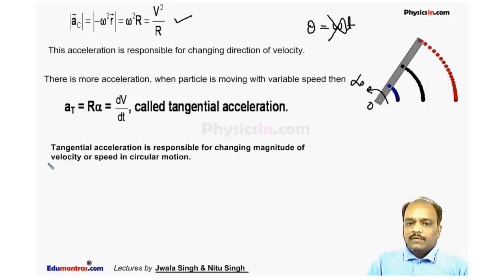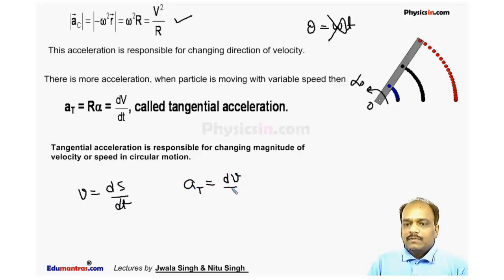Now here we can say v is equal to ds by dt, and the tangential acceleration is dv by dt. So from here dv is equal to a dt, so v comes out to be a into t if the particle at t equal to 0 is at rest.